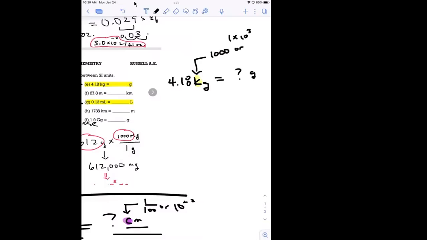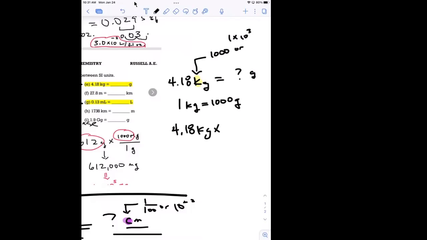So if it's a kilogram, that means that 1 kilogram is equal to 1,000 grams. So that's our conversion. All right. So we can set the conversion factor up again. What goes in the top? Go ahead, Saxton.